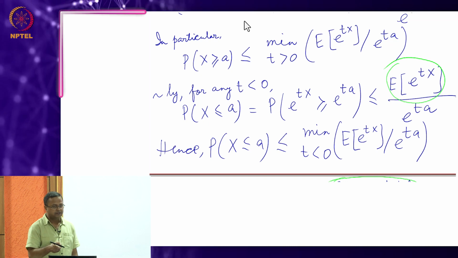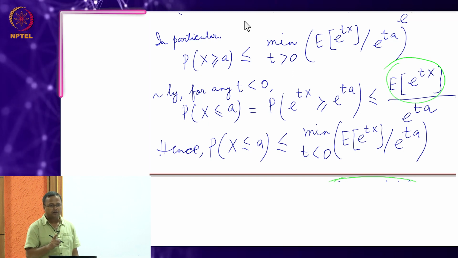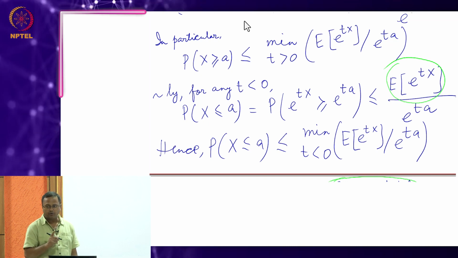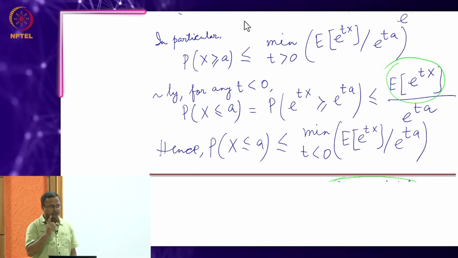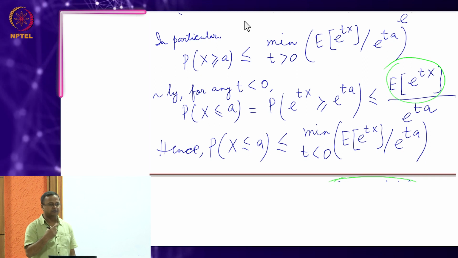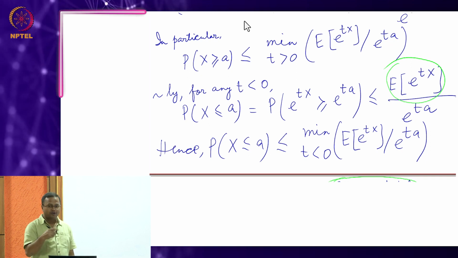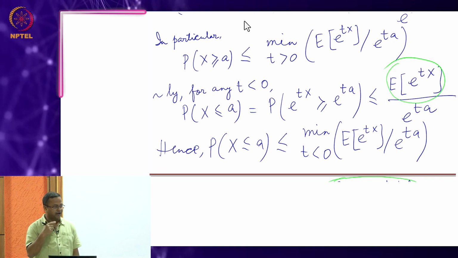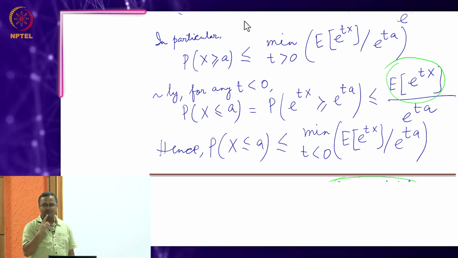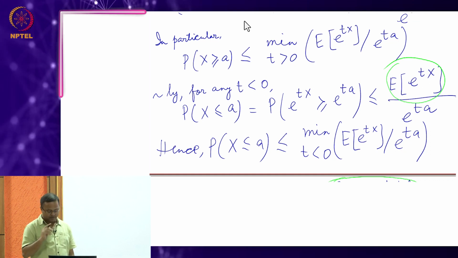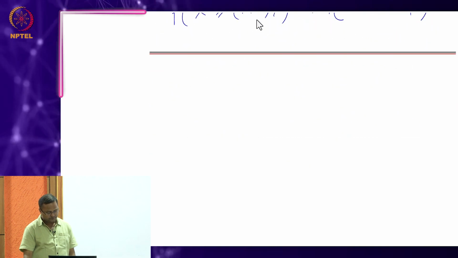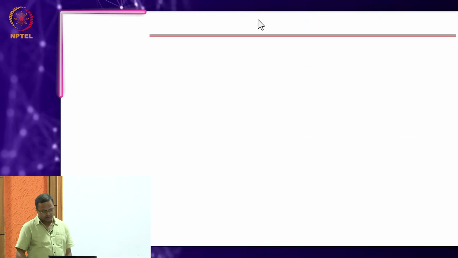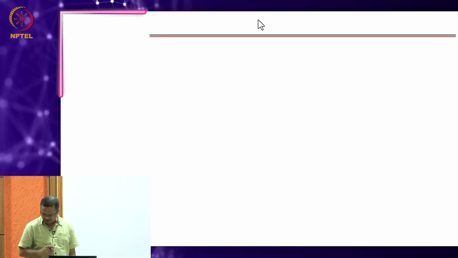Now, my x is a sum of independent Poisson trials. X is the summation of xi. So, if it is e to the power of the summation of xi, that means you can do the product of e to the power of xi, and your xi's are zeros and ones, easy to handle, right. So, now let us get going with this moment generating function.